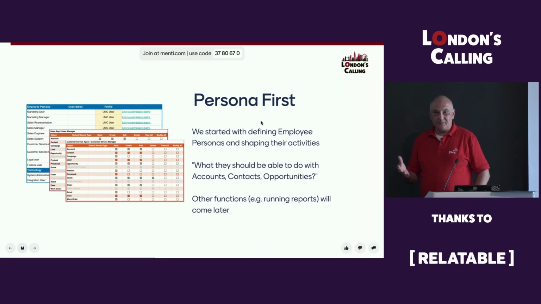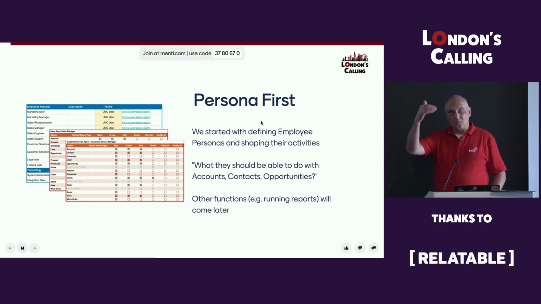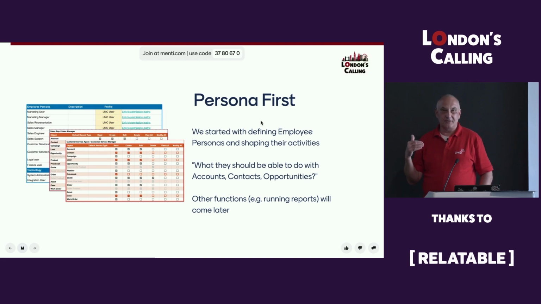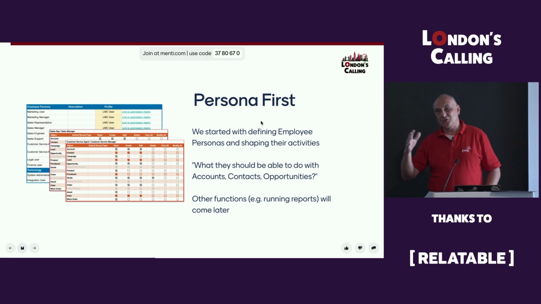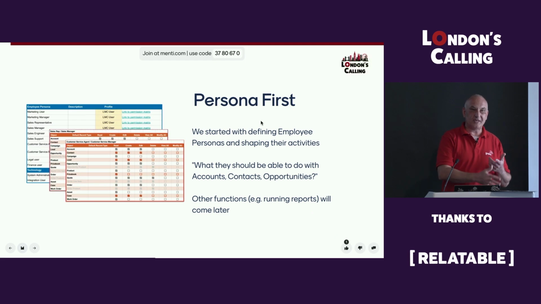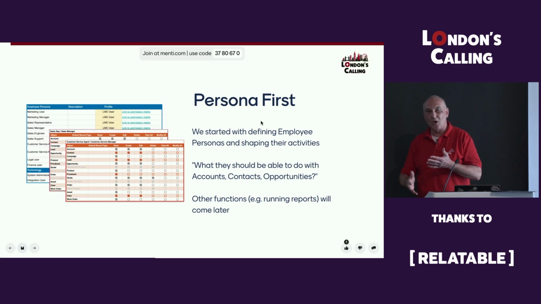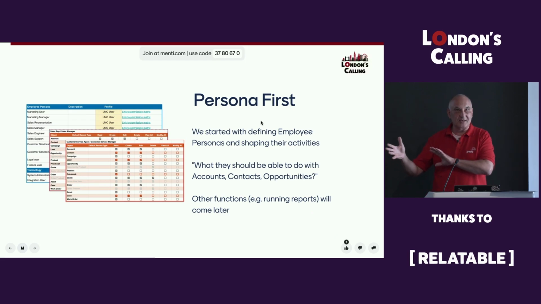So we started with personas. We asked the client, what are the main personas in your organization? And then a simple question: what should those people be doing, in terms of opportunities, accounts, cases, quotes? That gave us an overview of what objects they need access to.